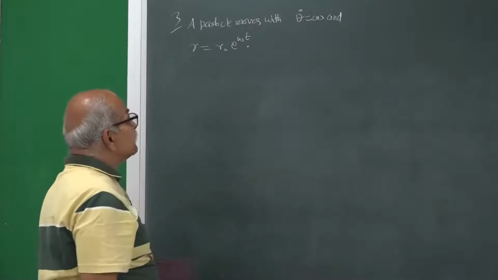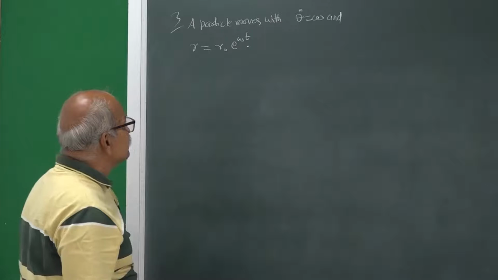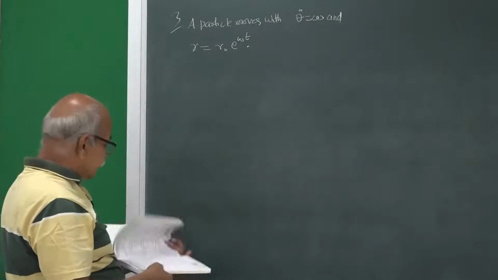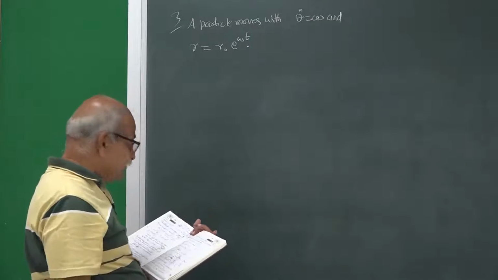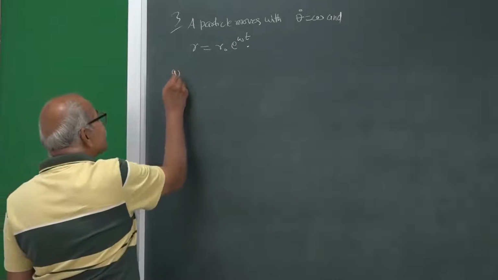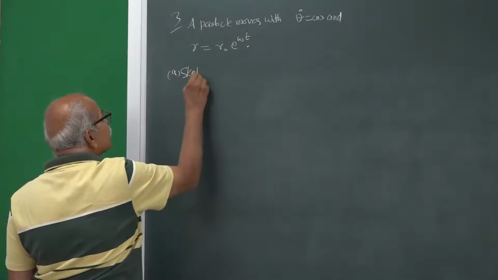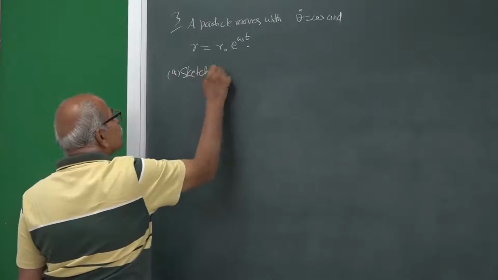So, this is the information given: theta dot is omega and r is r naught e to the power omega t. The first part is sketch the path.